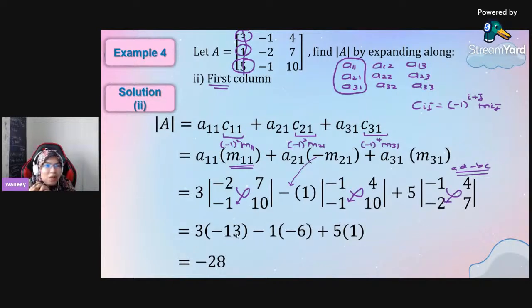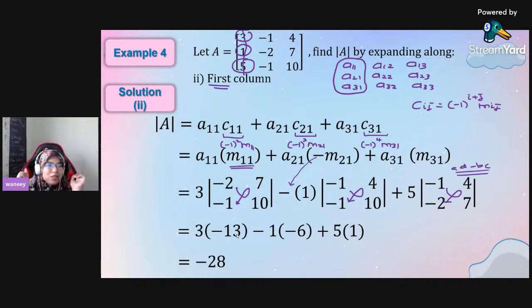So mana-mana kolom yang ada kosong biasanya yang tu yang kita pilih lah. Sebab tu biasanya kita tak hafal satu sajalah. Bukan untuk A11, A12, A13 je. Bukan expand along the first row je. Kita kena tahu macam mana nak expand first row, second row, third row, first column, second column, third column. So that kita ada banyak choices bila kita nak pilih untuk cari determinant tu.